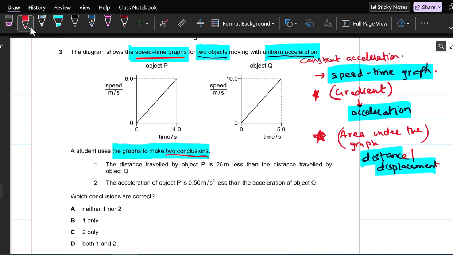The first: the distance traveled by object P is 26 meter less than the distance traveled by object Q. So we have to see whether this statement is going to be right or not.